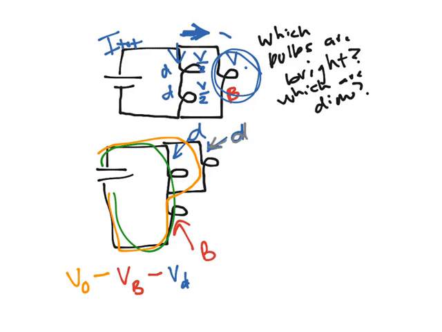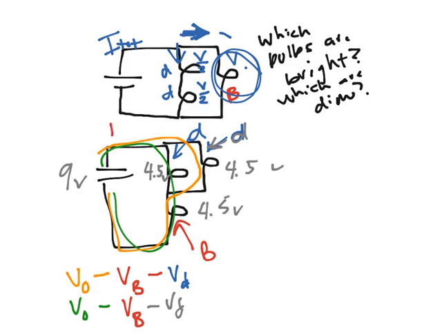So no matter what happens, I'm going to have to hit 2, but each one includes my bright one. So that means they're going to have to share voltage. So if this, for example, is a 9 volt, and they're the same resistance, they're all going to get 4.5 volts.